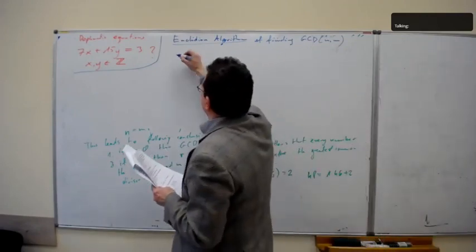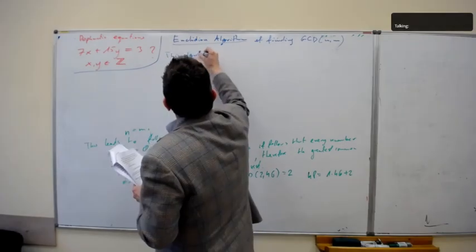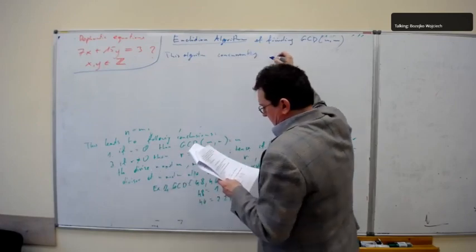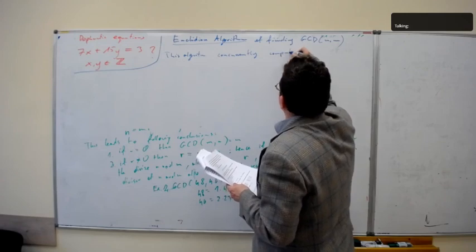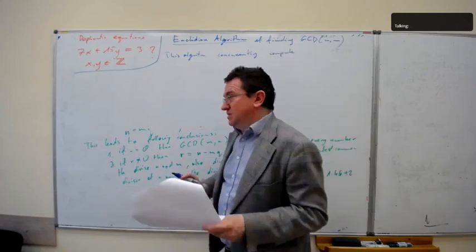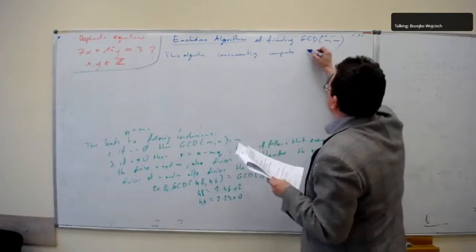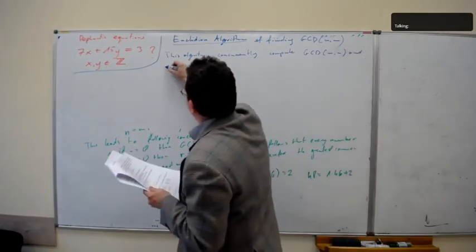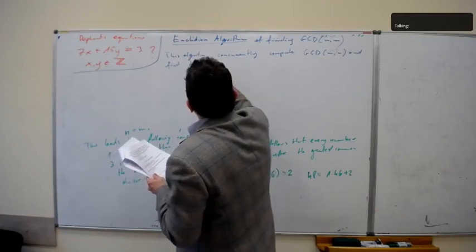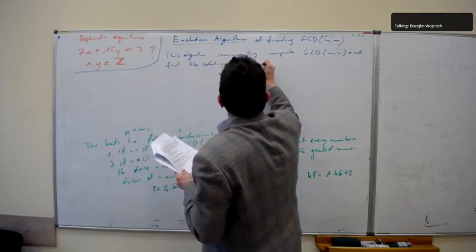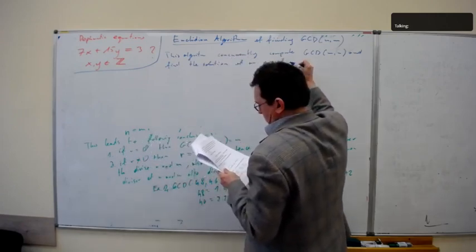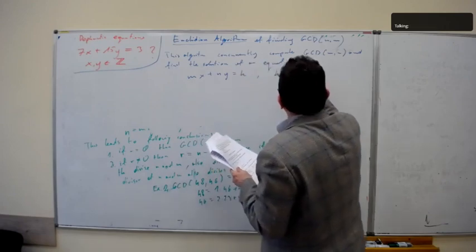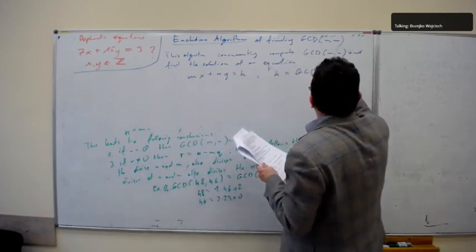So this algorithm can compute the greatest common divisor of M and N, and find the solution of an equation M times X plus N times Y equals K, where K is the greatest common divisor of M and N.